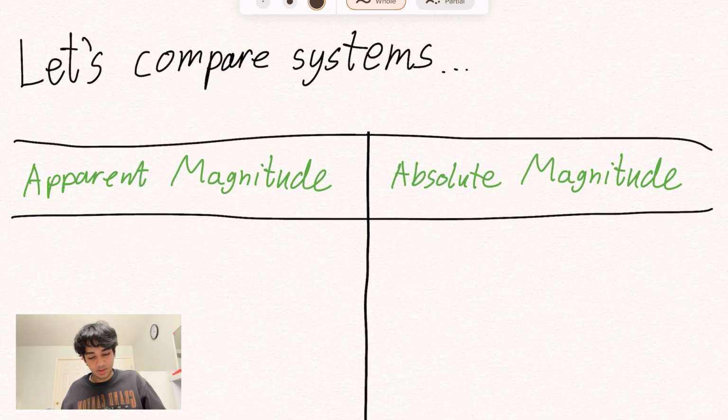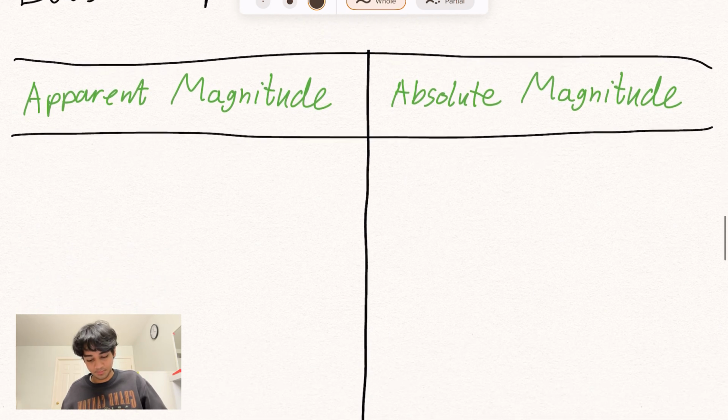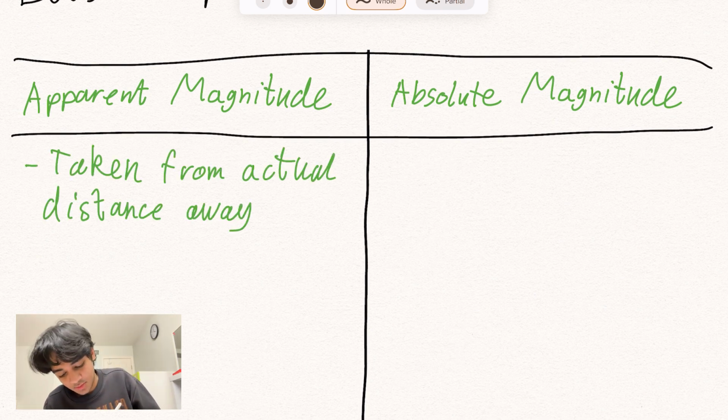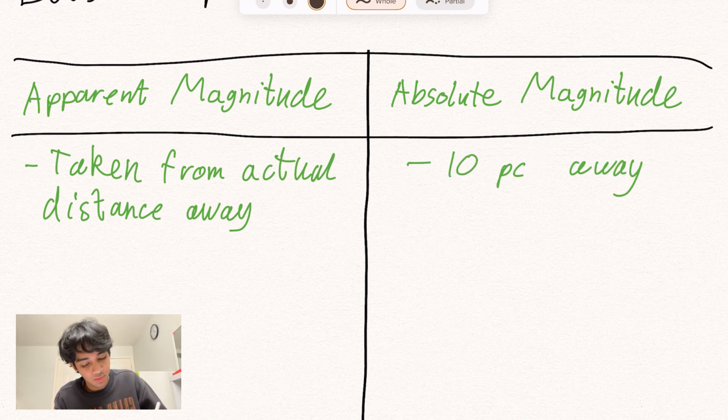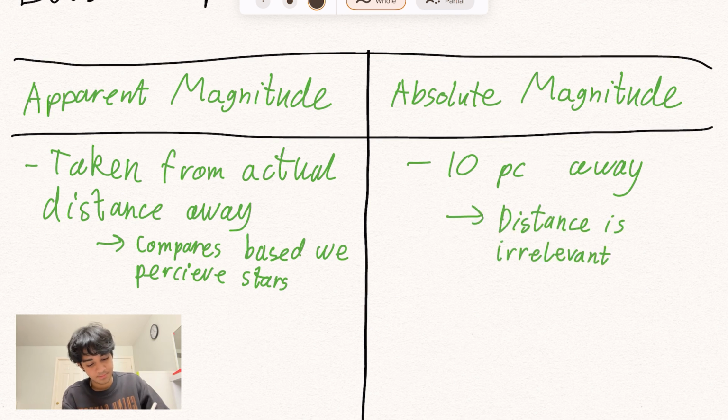Now that we've talked about absolute and apparent magnitude systems, let's recap by comparing the two. So we have our apparent magnitude, which is taken from the actual distance away, and we have our absolute magnitude that is taken from 10 parsecs away. So this one obviously compares based on how we perceive them, while in absolute magnitude, the distance is irrelevant.